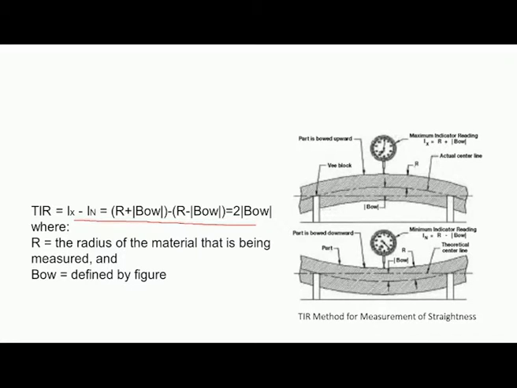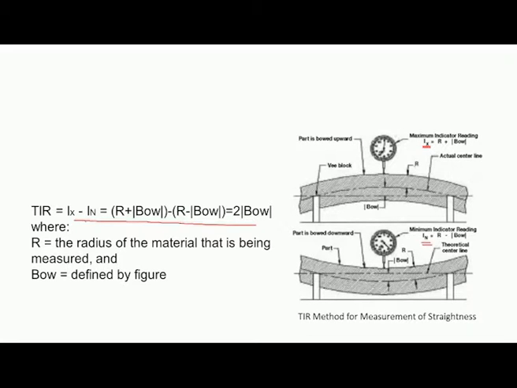So, these two are V blocks, this is the specimen and the indicator. We have to rotate this and take the reading. Now, we can see the minimum indicator reading, that is IN, and then the maximum indicator reading, IX.